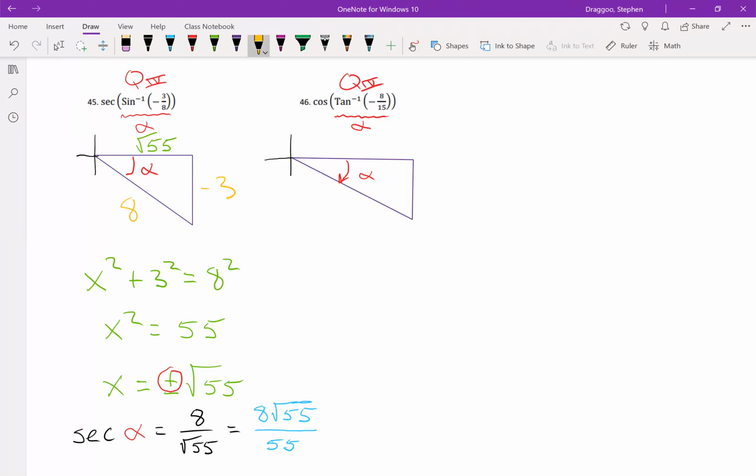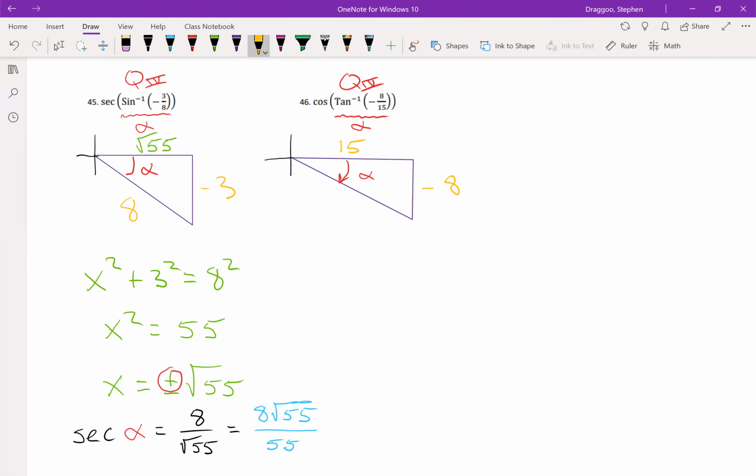So 8 should be the opposite side, 15 is the adjacent side, and then I have a negative to put somewhere. And because this is in the 4th quadrant, that negative should go on the opposite side. So it'll be -8 and +15 with a missing hypotenuse.